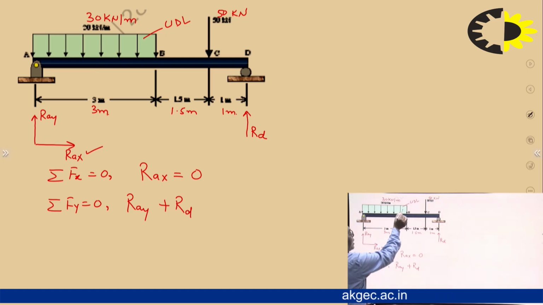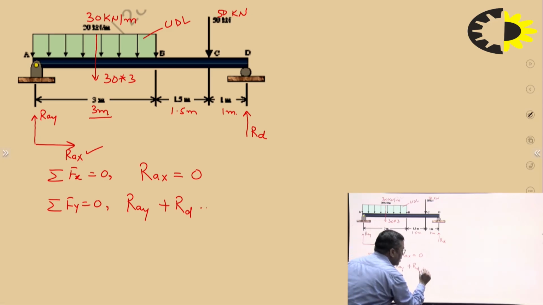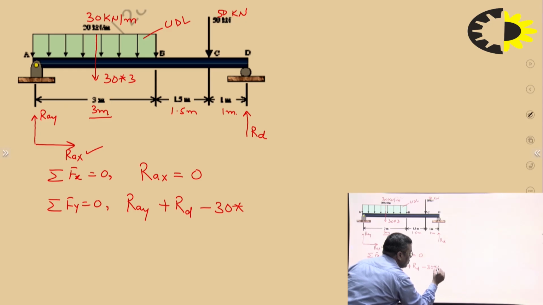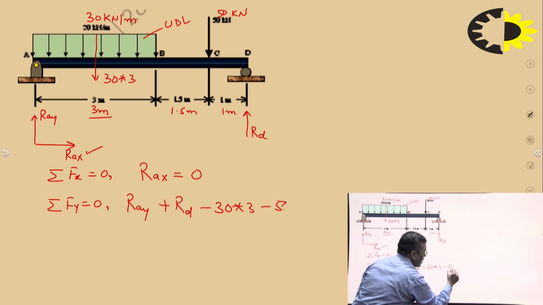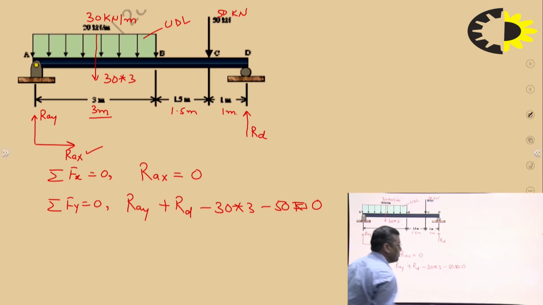As this is the UDL, spread over 3 meters of length, if I convert it into a single load, it will act at the midpoint, and this load will be 30 into 3, downward. Then there is one more downward force, 50 kilonewton.